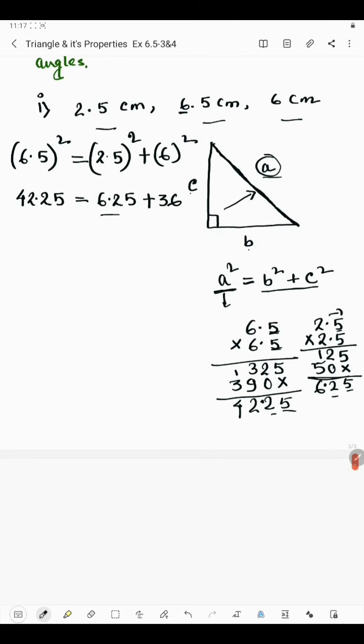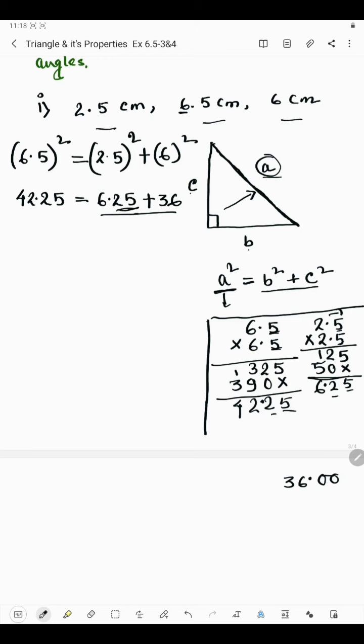Now we will add these two to check whether it matches with the value on the left hand side or not. How do we add a decimal number to a whole number? Here we have 36, so 36 can be written as 36.00, as we know that after the decimal we can add whatever zeros we need.